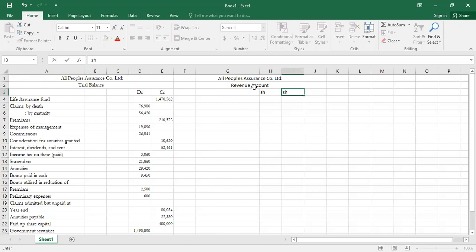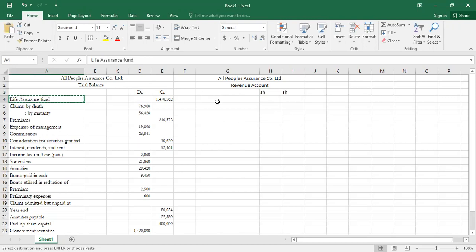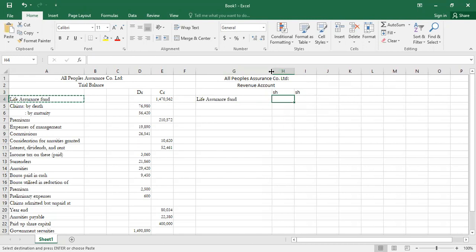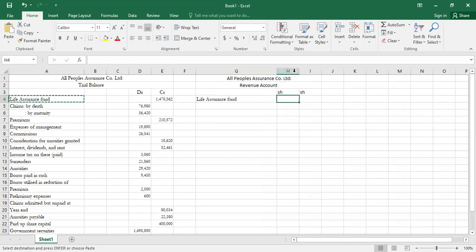So you start with the life assurance. I'm doing this in the interest of time. So I have the life assurance fund. The figure is 1470, brought forward.